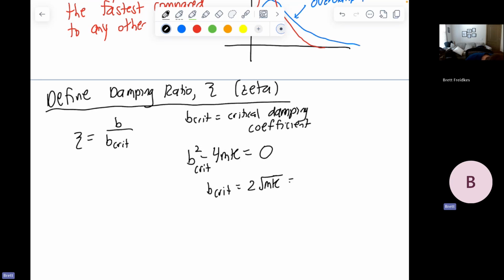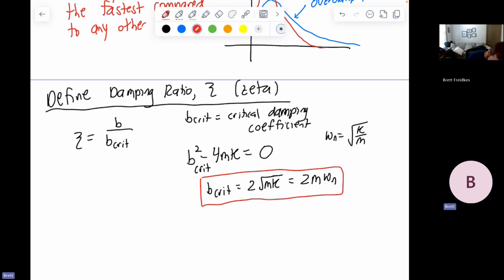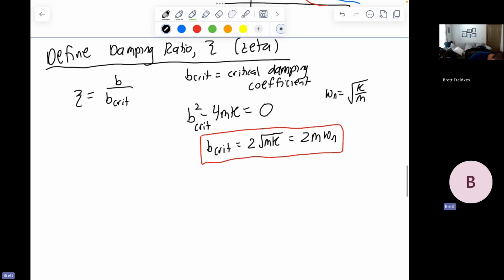And if you do some more algebra, noting that the natural frequency is the square root of k over m, you get that this is 2m omega n. So zeta is defined as the damping coefficient of the system over this critical damping. You can also write 2 square root of mk, but I just wrote it like this.